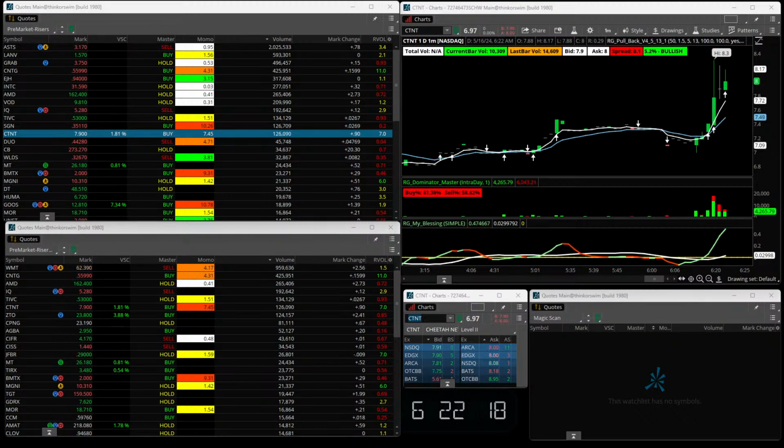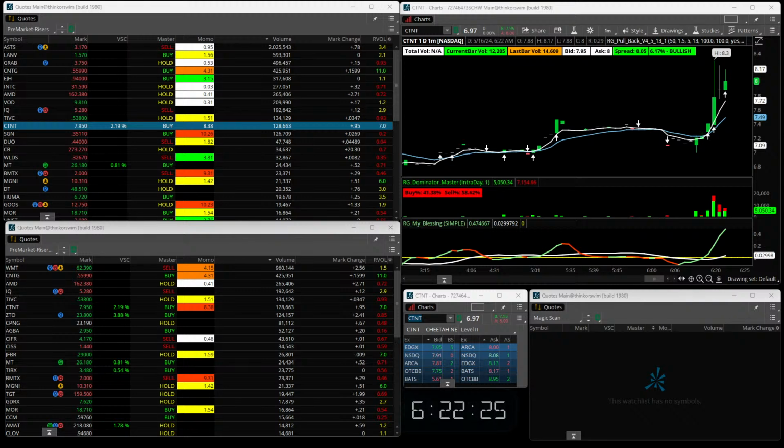Now 14,000 on that last candle. Another tall wick on the top.